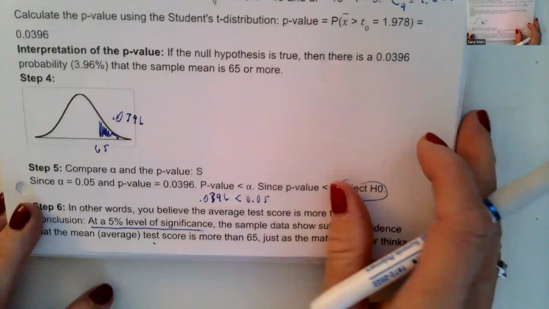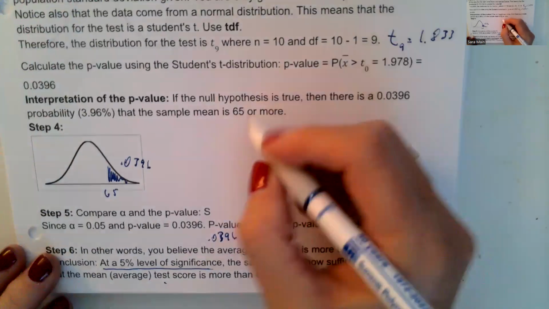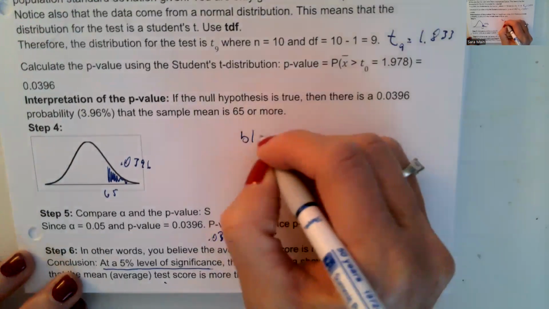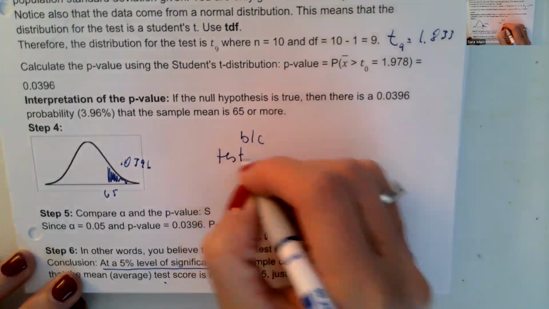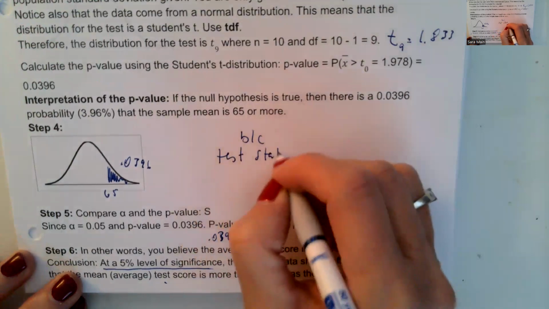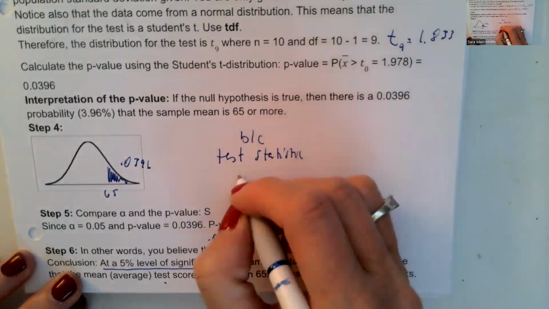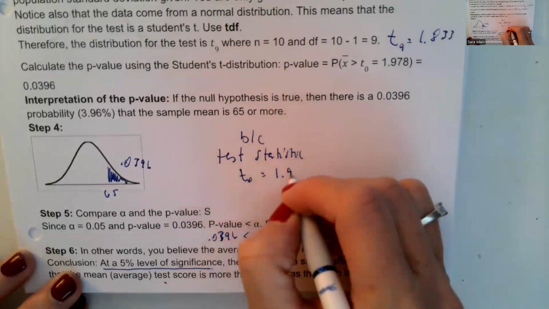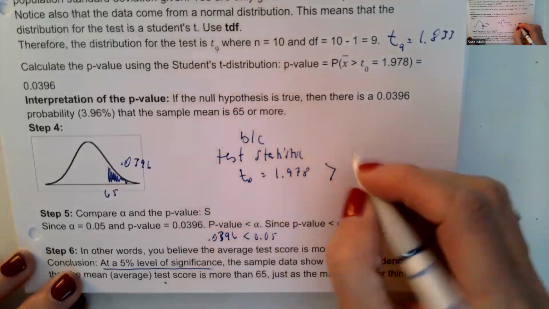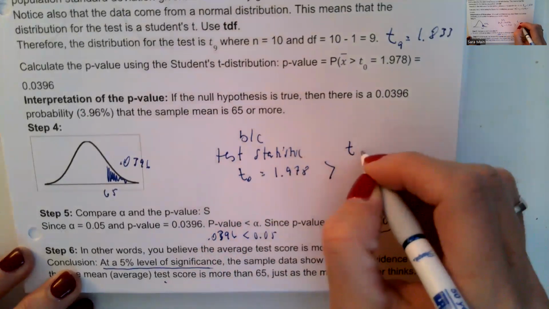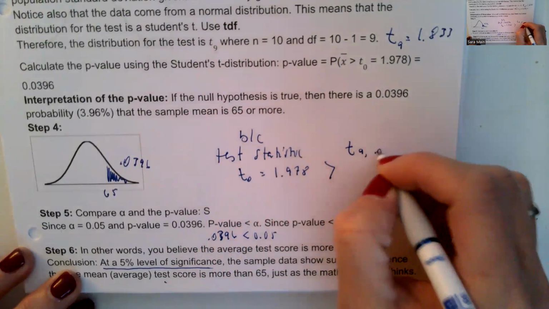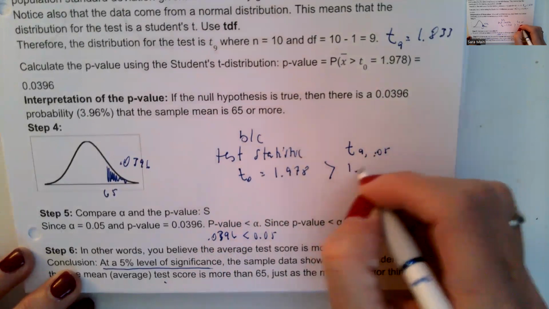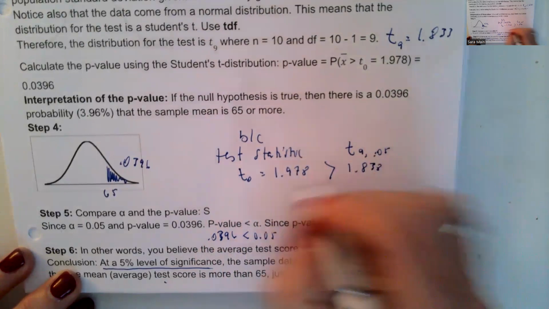We can also use the critical t-value, because our test statistic t0 of 1.978 is greater than our critical t-value, which was 1.833.